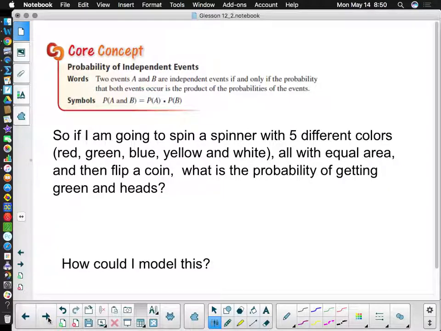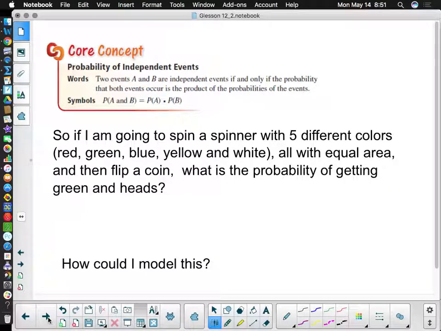Core concepts here: probability of independent events. Two events are independent if and only if the probability of both events occurring equals the product of their probabilities. So P of A and B is the probability of A times the probability of B. That's one way of defining independent events. If we spin a spinner with 5 different colors, red, green, blue, yellow, and white, all with equal area, and then flip a coin, what is the probability of getting a green and a heads?